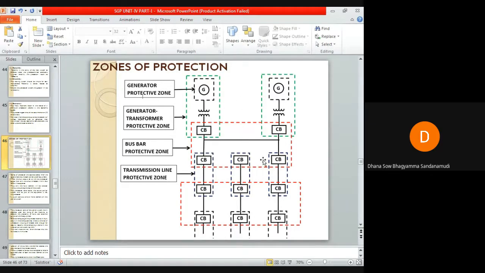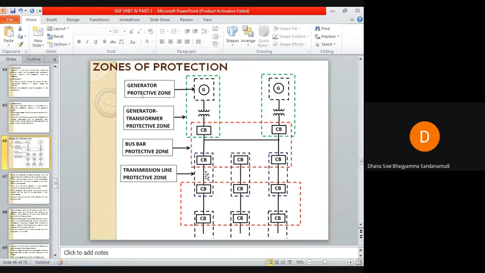The protection zones of the power system depend upon the rating of the machines, their location, the probability of fault and abnormal conditions of the equipment. If you consider the transmission line, since the lines are open, the chances of occurrence of a fault are more.